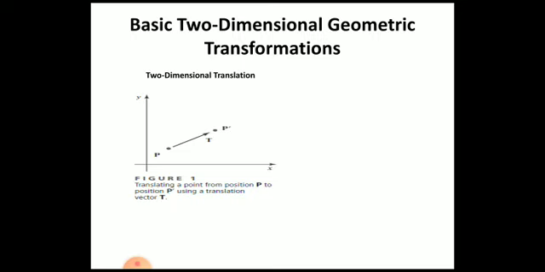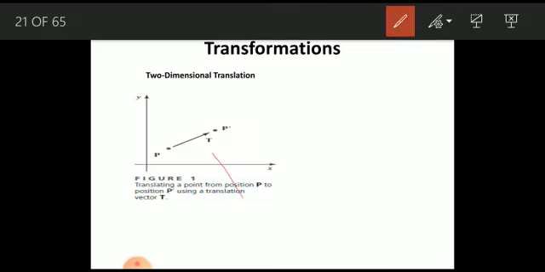As shown in the figure, there is a point P which is being moved to the new position P dash with the help of a translation factor T. That means when you apply this translation on the original point, it gets transferred into the new point P dash.